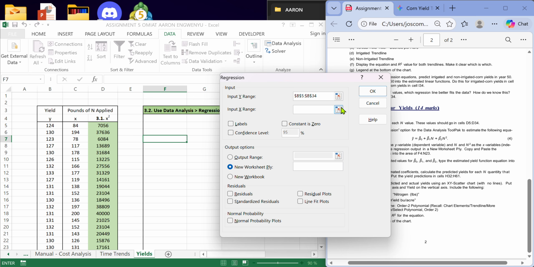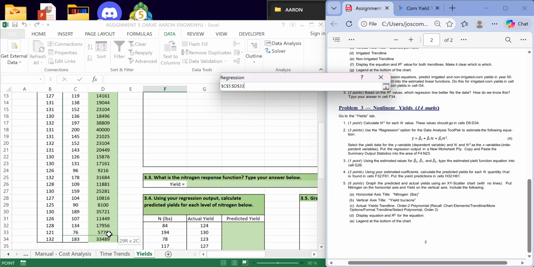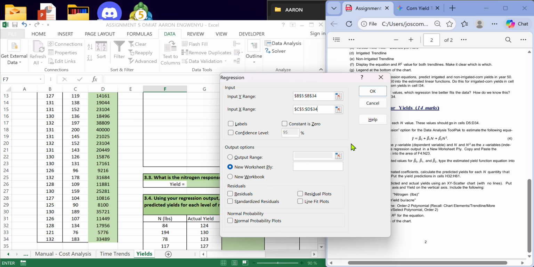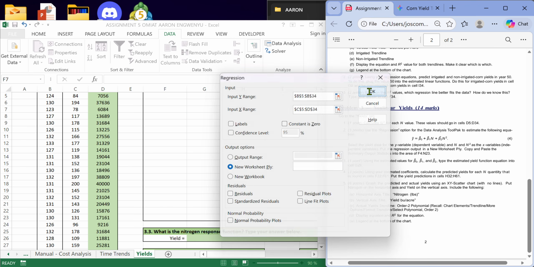Then for x data, they're telling us n and n squared. So simply this. So x and n are being used interchangeably, let it not confuse you. What else? Confidence level 95%, okay. New worksheet ply, yes. What else? I think that's all. Okay.